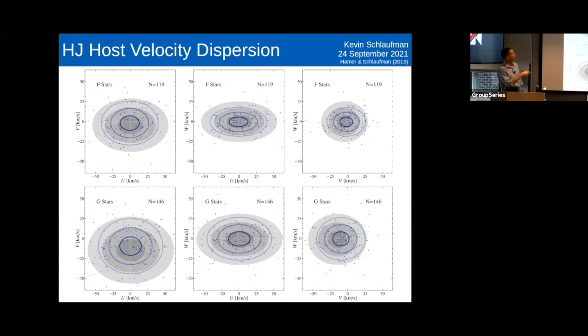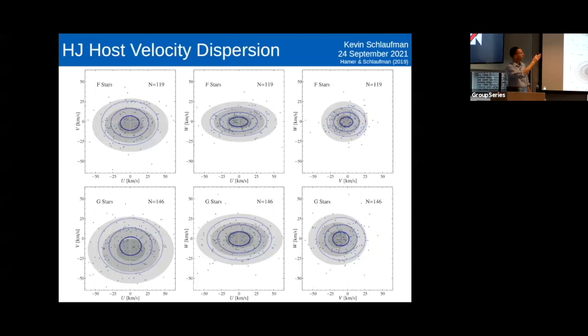And so these are the 1 sigma, 2 sigma, 3 sigma contours. So this is for F stars and G stars. What you can consistently see is that the velocity dispersion of the giant planet host sample is smaller than the velocity dispersion of a matched sample of stars that do not host giant planets or short period giant planets.